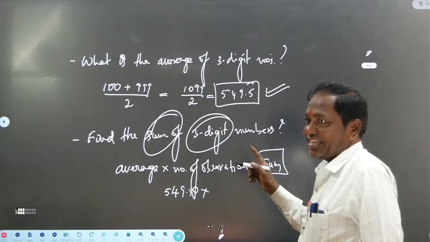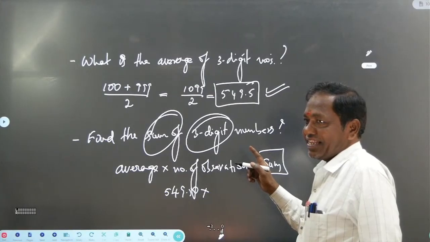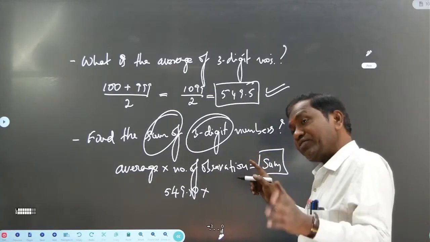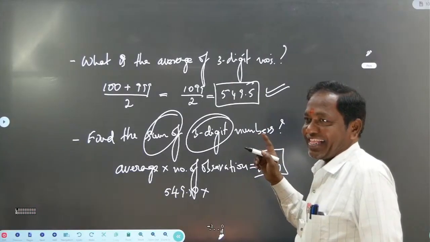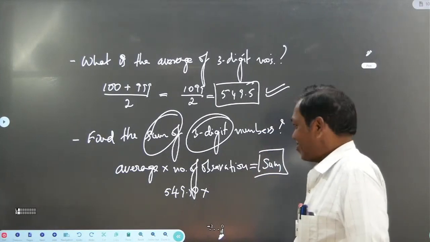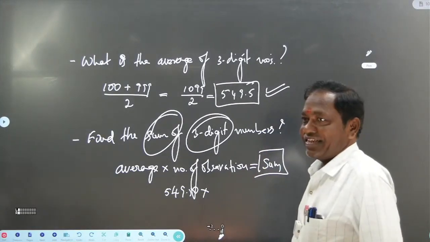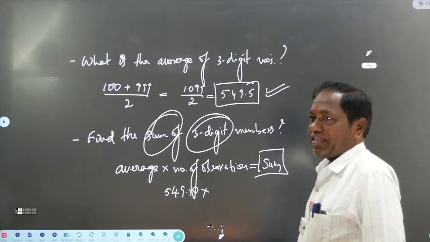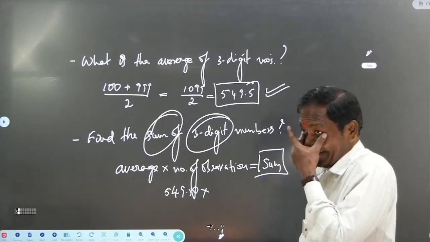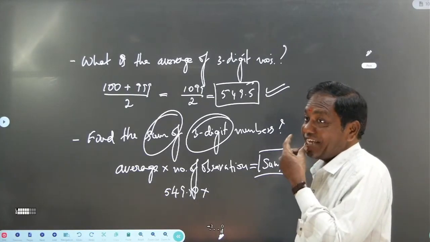Sir, they take 101 to 1000 as numbers. 1000 is starting from 1 to 1000. Sir, 100 is included, right? If we say how many numbers are there between 100 and 1000, we will say 900 numbers.